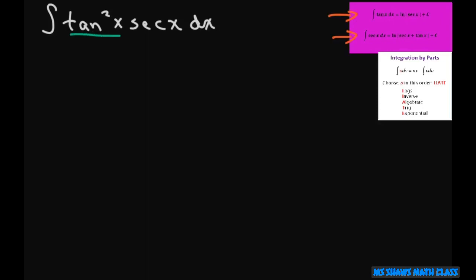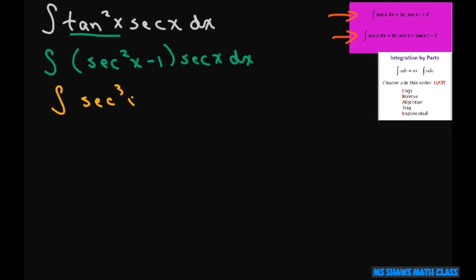So for tan squared, I'm going to write this with my identity as secant squared x minus 1 times secant x dx. Now I'm going to distribute, and I get secant cube x dx.